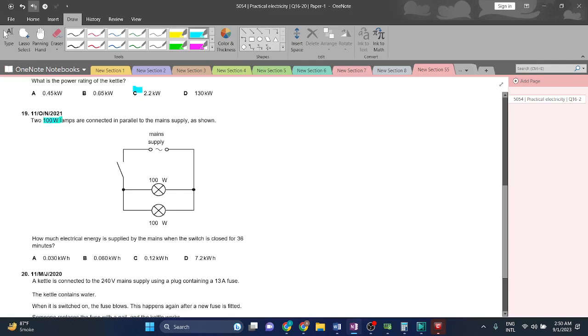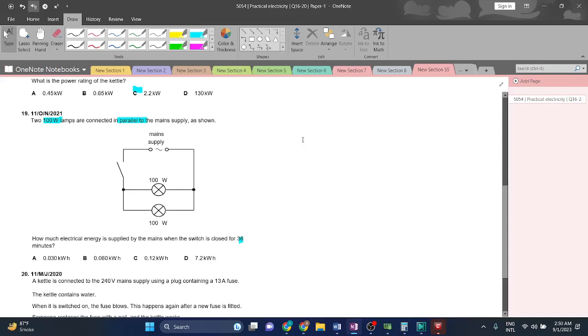19. 200-watt lamps are connected in parallel to the main supply as shown. How much electrical energy is supplied by the main supply when the switch is closed for 36 minutes? So the switch is closed, meaning current is circulating. Now we have to find the total power in kilowatt hours.